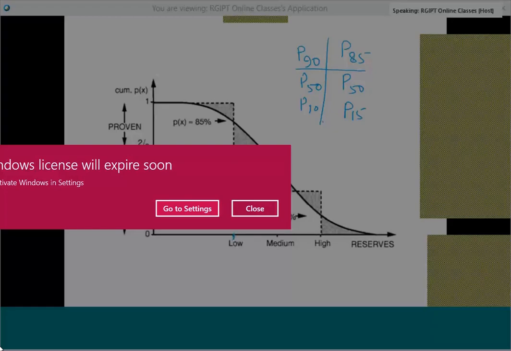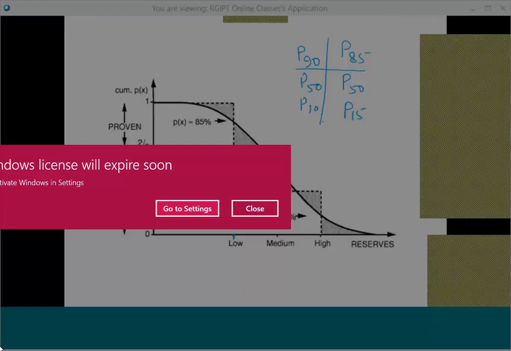Yes, sir. That means there is a 90% chance that you will have more than this reserve. Okay, ठीक है? Yes, sir.